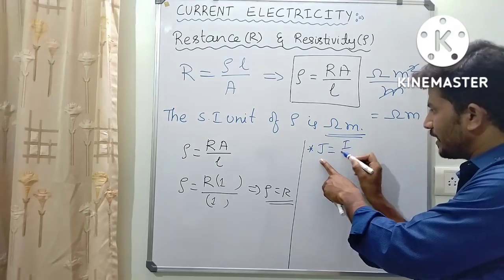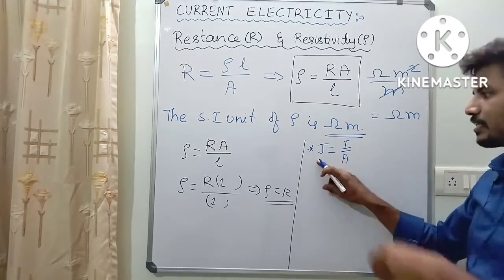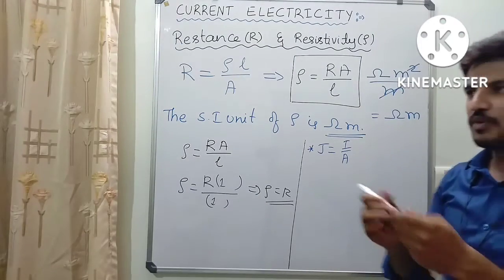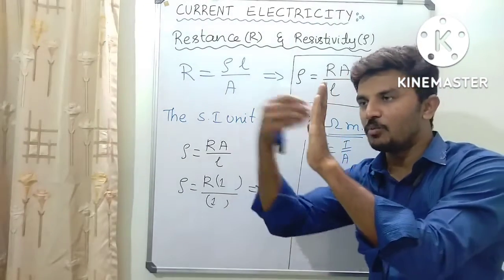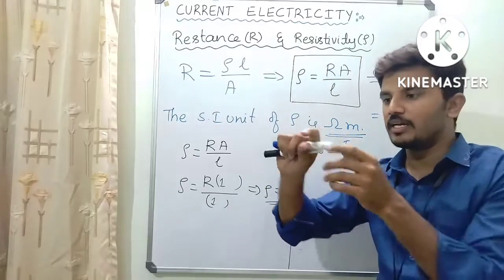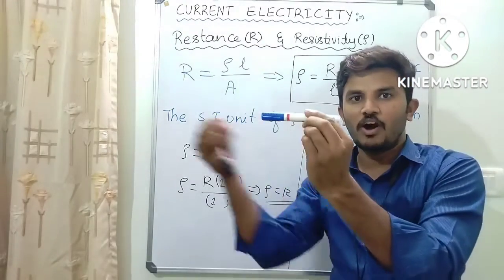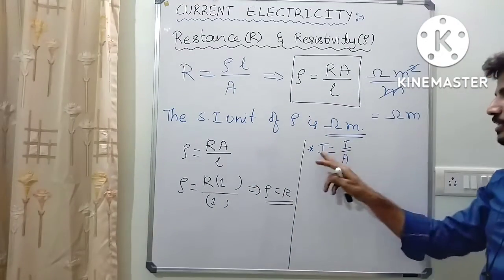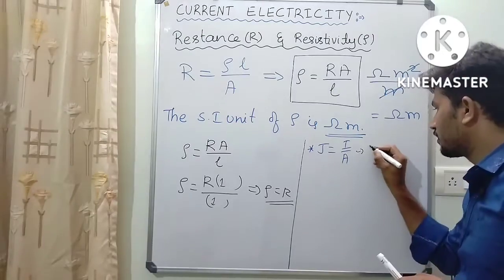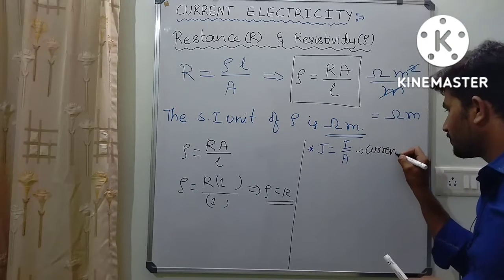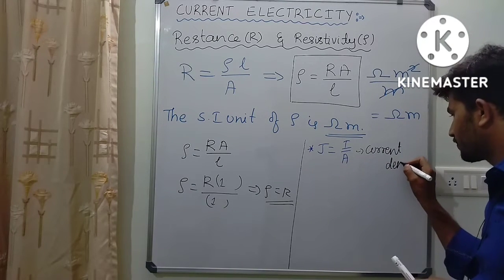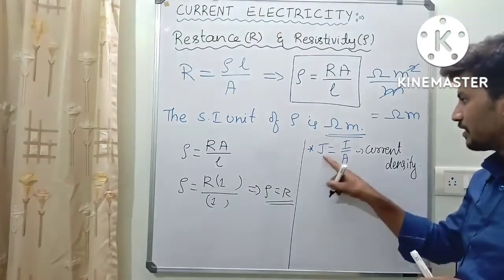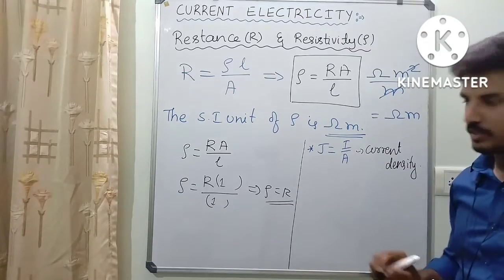That is nothing but I divided by A. That is the ratio of current per unit area. Means if you consider an area in a material, how much current is passing through that area? That is called current per unit area, that is nothing but current density. J is called current density and its SI unit is ampere per meter square.